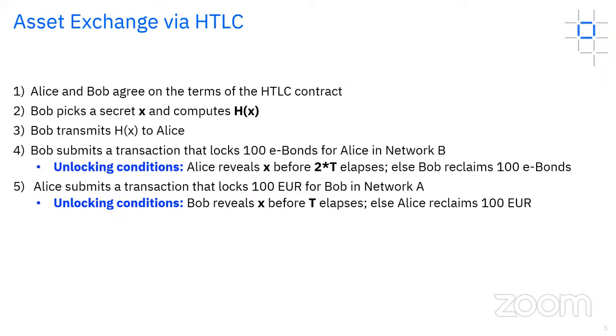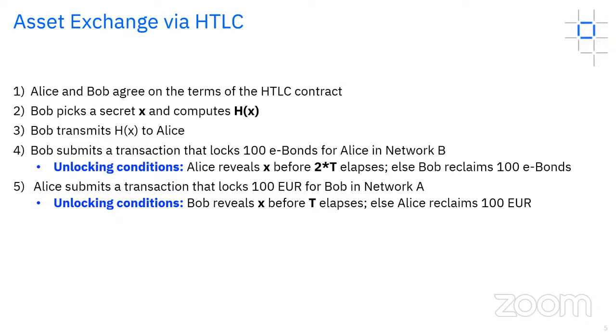HTLC is asymmetric in the sense that when we start the HTLC, Alice and Bob do not know the same information. For example, in this case, Bob would pick a secret value X, and he will compute the hash of X. And Alice will only know the hash at the time when we start the HTLC.